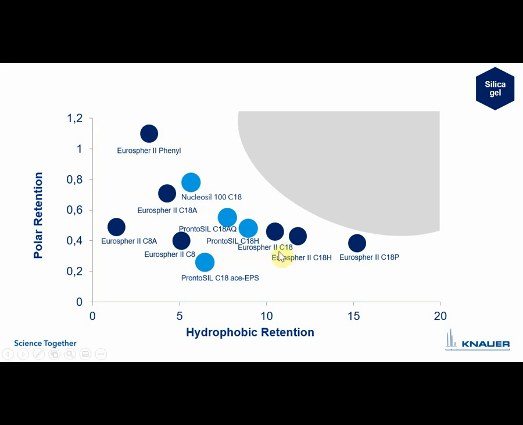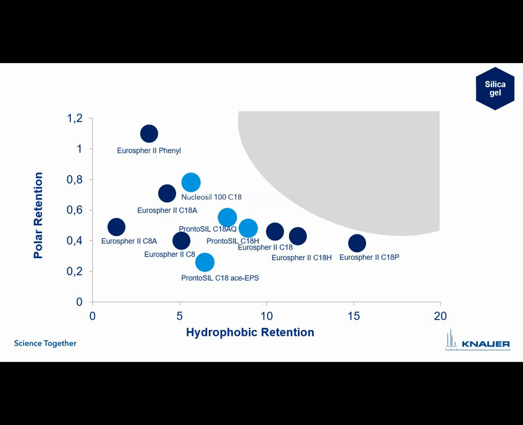And you see different columns that are also only called C18. If you use Eurosphere II C18 or Nucleosil C18, they are not the same. You have different selectivities just caused by the brand name, because chemical modifications are done a little bit differently.